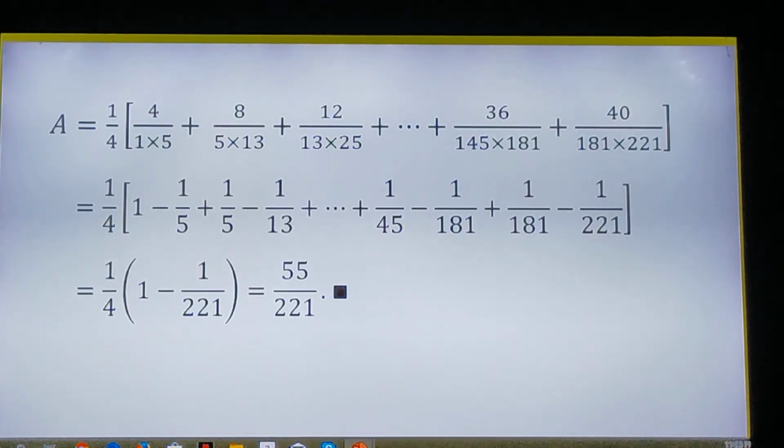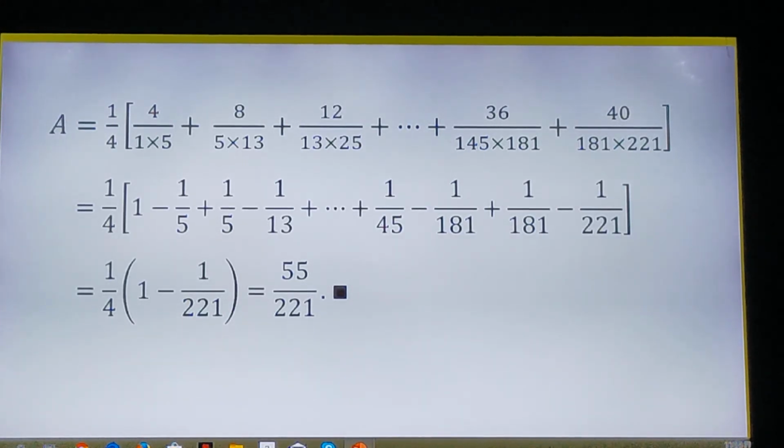So notice that the middle terms sum up to 0, leaving only the first number, which is 1, and the last, which is 1 over 221. So this is the telescopic effect, or the breaking up is the easy thing to do to solve this problem.